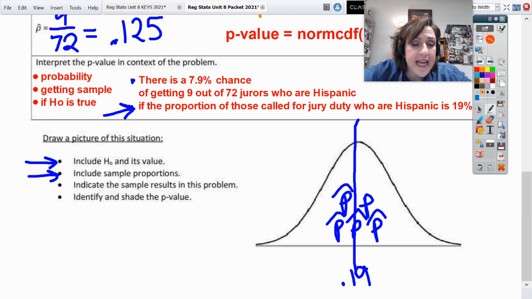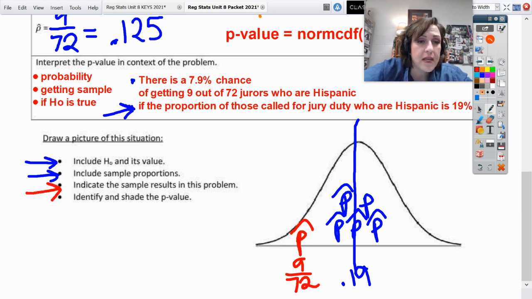Okay? Indicate the sample results in this problem. Where were the sample results in our problem? Right here. It was this p hat, which was 9 out of 72. Okay? So I did that. Then there's of getting, that's this right here, of getting 9 out of 72 jurors who are Hispanic. Okay?